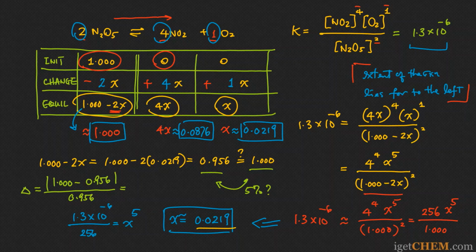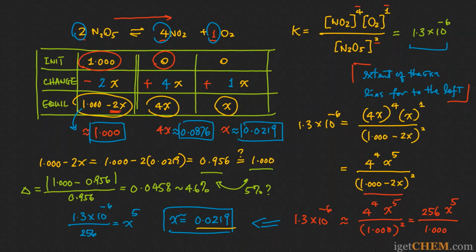So of course, the difference between them is just 2 times x. So that divided by 0.956 turns out to be 0.0458. So this is about 4.6%.